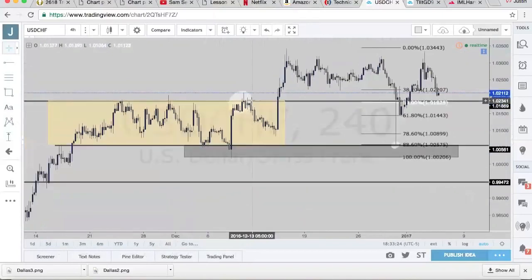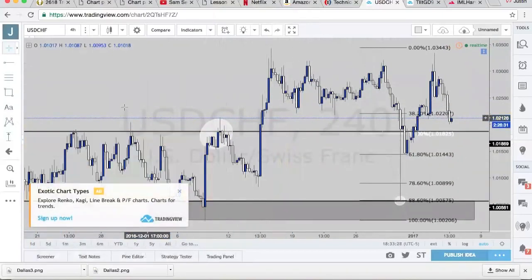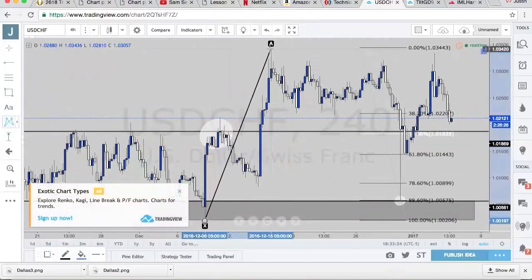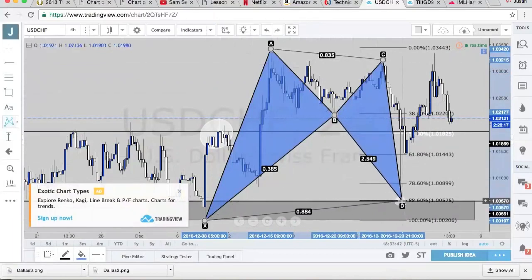So how would you find entry seeing this trade if you were just looking at the scanner entry? Well, let's draw our harmonic again. Here, down to 38.2, up to here, 88.6, and then down to this 88.6 right here.